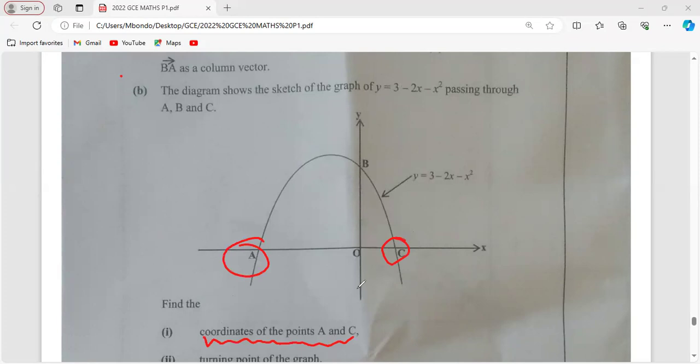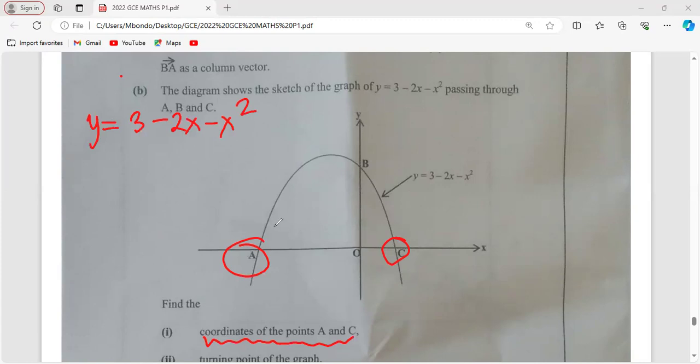These are the points. So now what do we need to know here? When you look at this, y equals 3 minus 2x minus x squared. What are we saying? When you look at these points, A and C, what is the coordinate of y here?